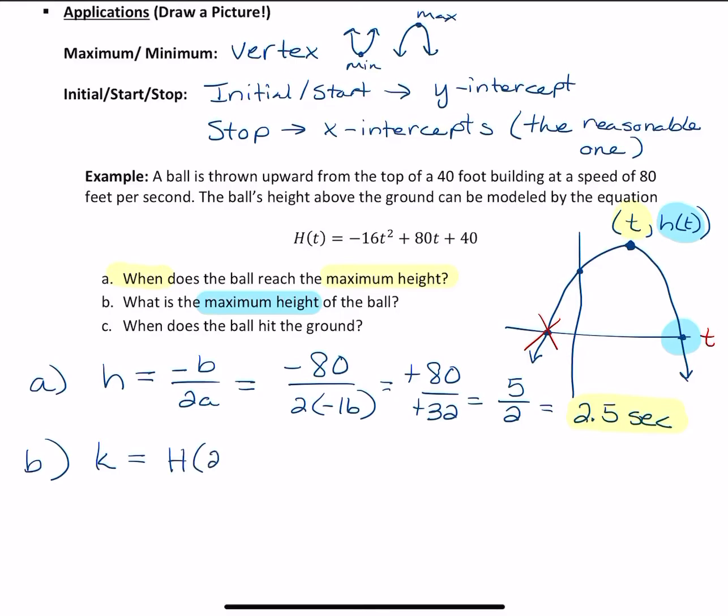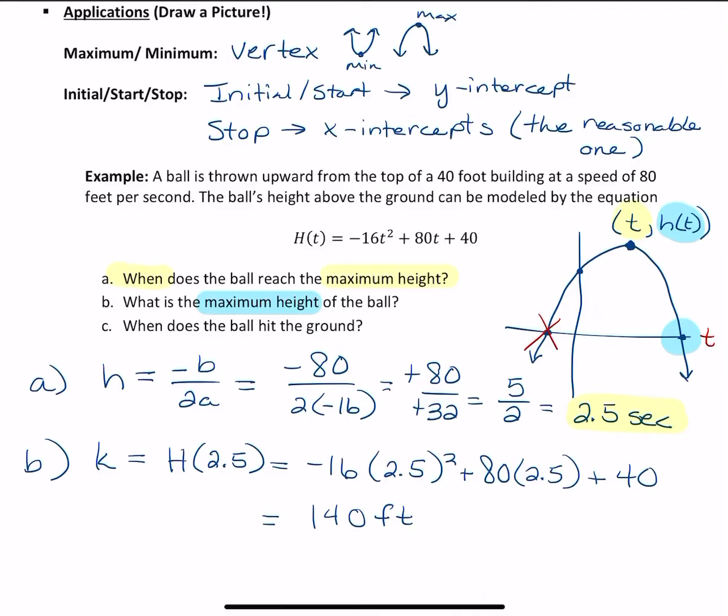So we're going to plug 2.5 into the equation everywhere you see a t. You can use a calculator here. It actually comes out to 140 feet. So at 2.5 seconds, its height is 140 feet.